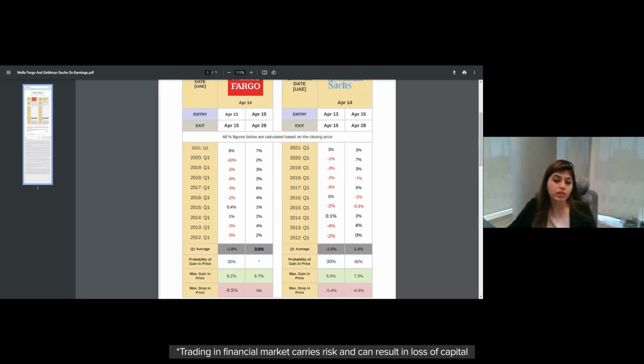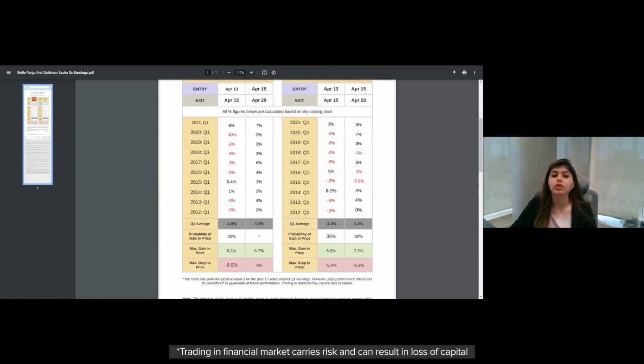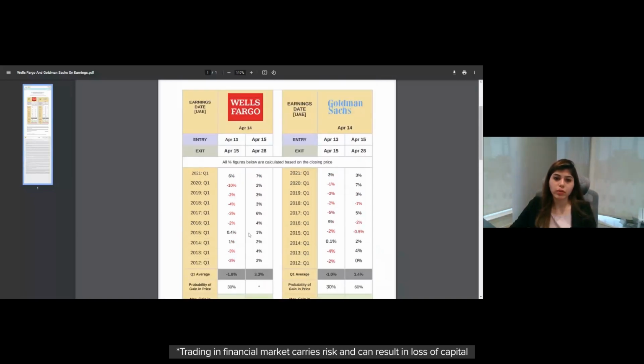Nobody can guarantee, there's no 100% probability, which is why over here we've not mentioned anything in terms of probability, because there's always a chance that in the upcoming quarter, the stock does not meet expectations and falls, or there could be any other risk attached to it. But generally, Wells Fargo rallies after the earnings.